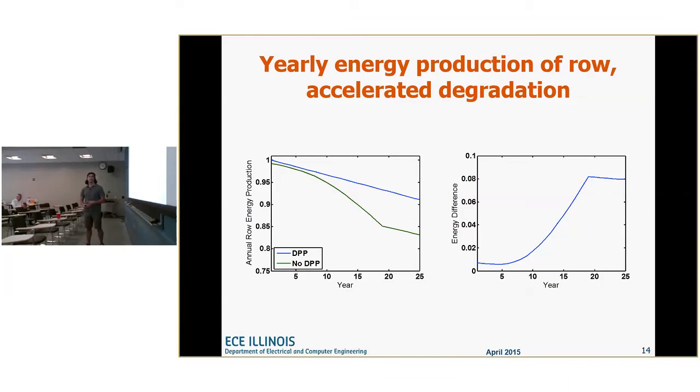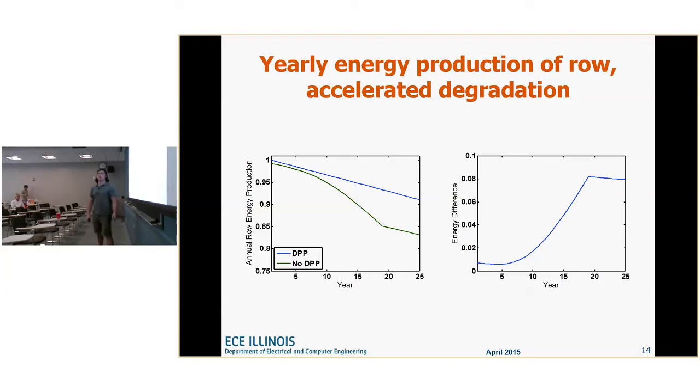Now when we have a heavily mismatched panel in our array, in addition to the other ones mismatched, we can see that the array with just bypass diodes, without DPP, performs much worse as it can't handle the mismatch. And as it keeps degrading, around year 19, this shift in the line tells us that panel is now bypassed.